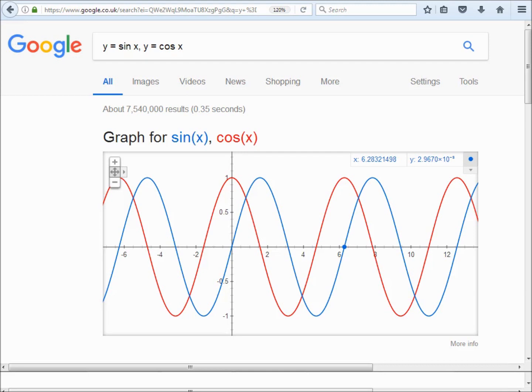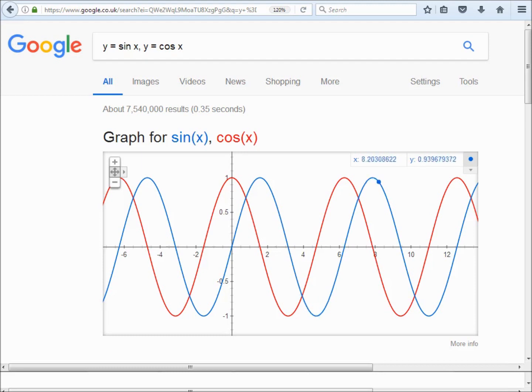So this, even though it doesn't say what unit it's working in, it's actually working in radians. And if you want to convert from degrees to radians, 2 pi radians is the same as 360 degrees. So pi radians is 180 degrees.